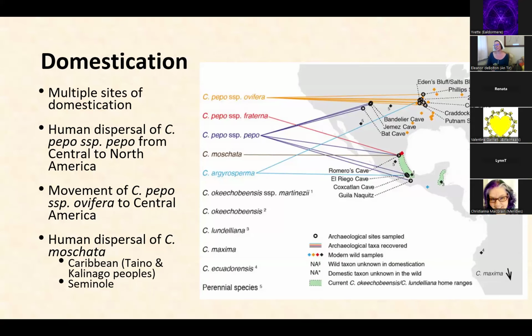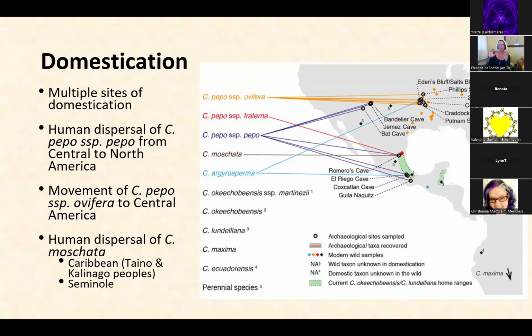So they have found Argyrosperma, the silver-seeded, in various places, both North and Central America. Pepo, both types, both the acorn and also the patty pan, in different areas. And then also moschata, the butternuts, in the more central Mexico area, but then also into the Caribbean.